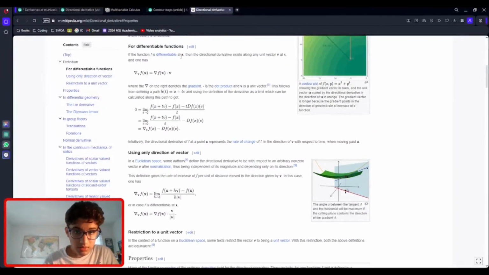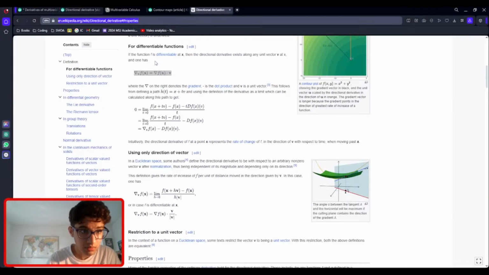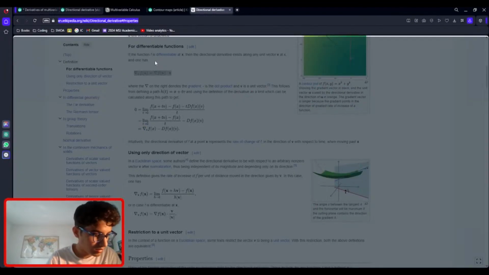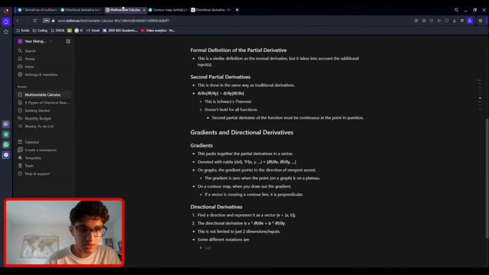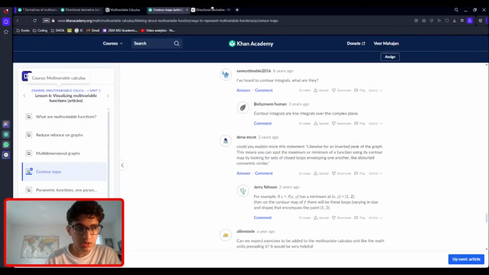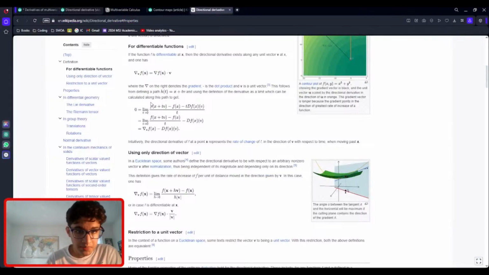I think you can copy paste it. No, you can't, can you? No, you can't. Let's try in case this is supported. Yeah, it isn't. So we'll just take a screenshot then.